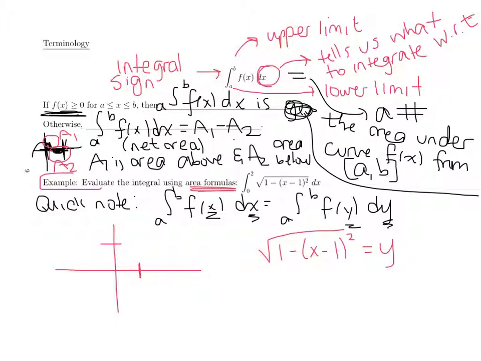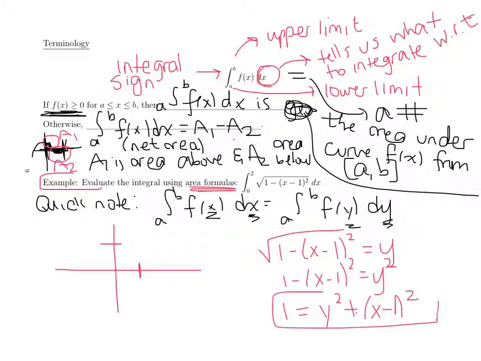If I rearrange this a little bit, and move some stuff around, we get y squared equals 1 minus x minus 1 squared. Or, sorry, 1 equals y squared plus x minus 1 squared. So hopefully now that it's rewritten like this, that is something that you can recognize.